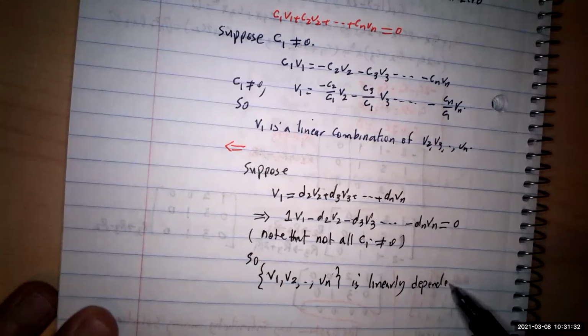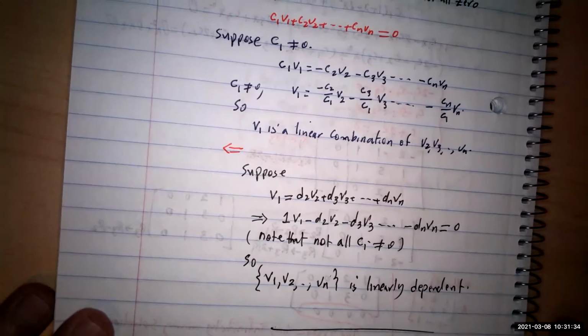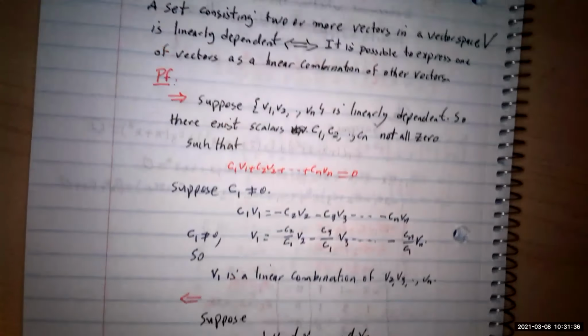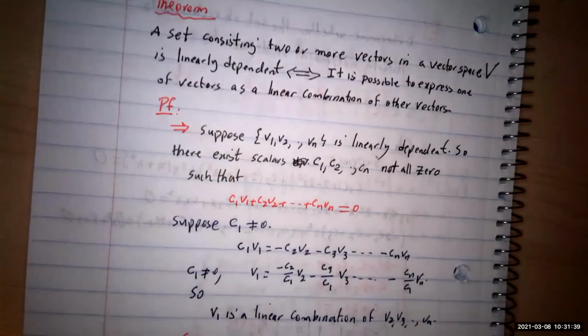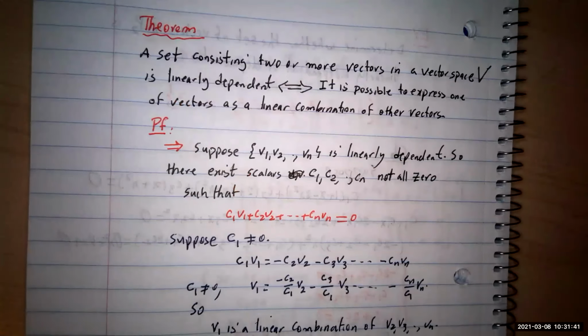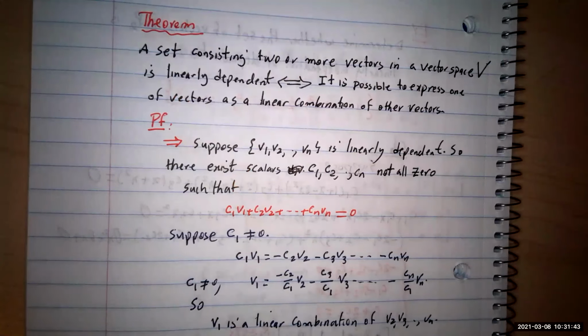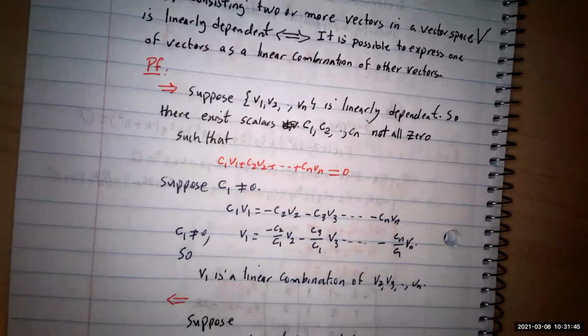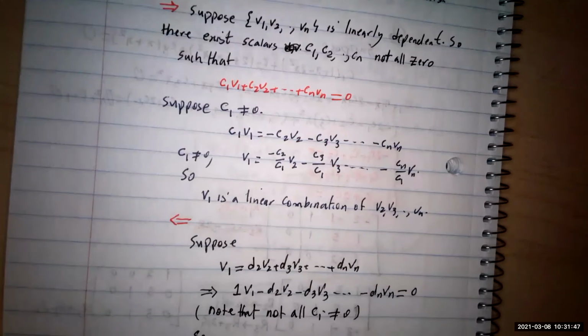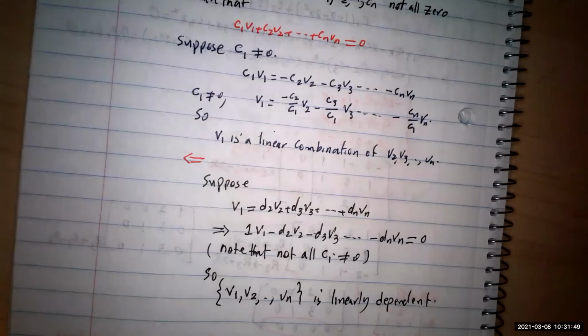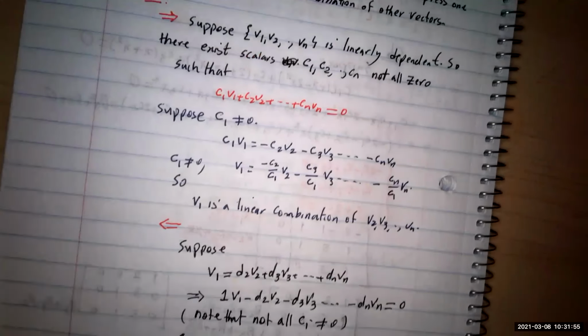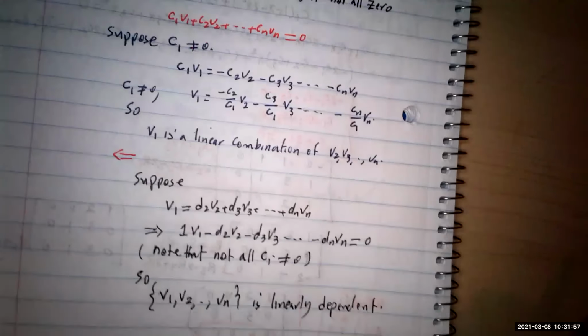That's a nice result. You can use this one as a definition of linearly dependent vectors, or the one that we talked about before, C1 V1 plus C2 V2 up to Cn Vn. So that is a natural result and an easy proof.